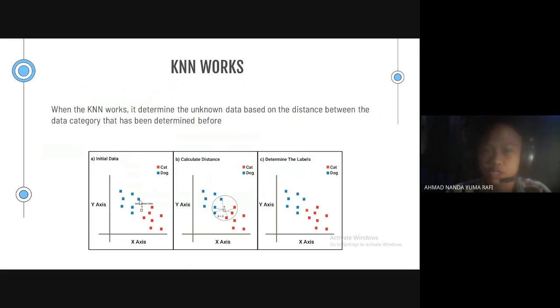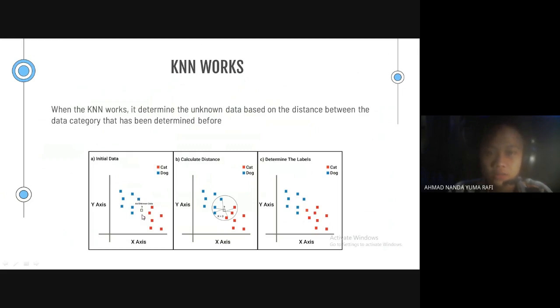After that, we should train the data so it is able to recognize when new data appears. In the initial data, there are two labels, which are cat and dog. The blue one is dog and the red one is cat.